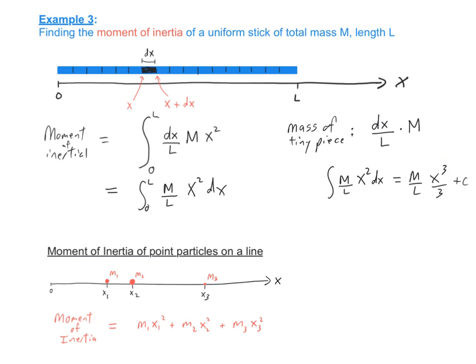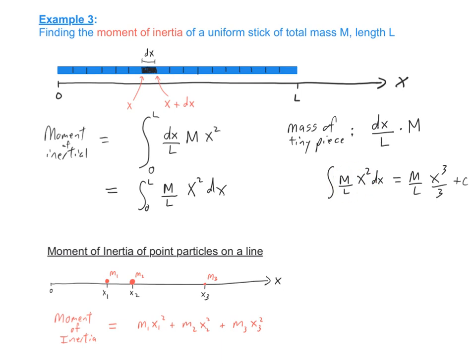I got it by remembering my rules of taking derivatives. I remembered that if I took the derivative of this expression, it's going to give me this, because remember, integrals and derivatives undo one another. You can verify that for yourself. But the point is, this is what the indefinite integral is.